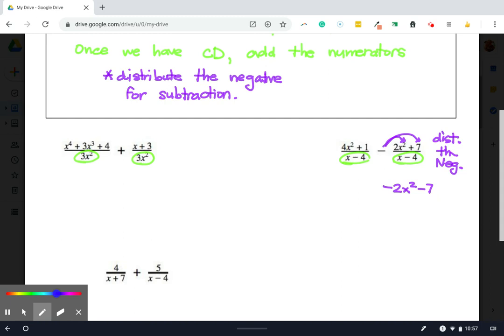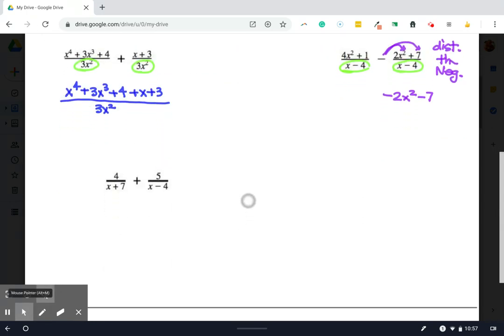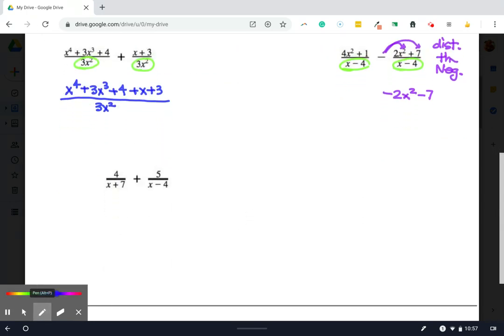So because we have common denominators, we're going to add our two numerators. So we've got x to the fourth plus 3x to the third plus 4 plus x plus 3. And then all of that is over 3x squared. So it's a little more room to write. After we've hit that point, then it's just about like terms.